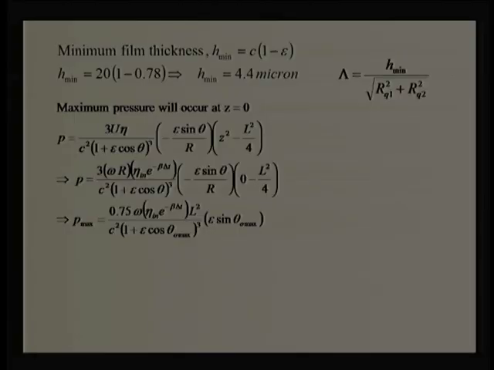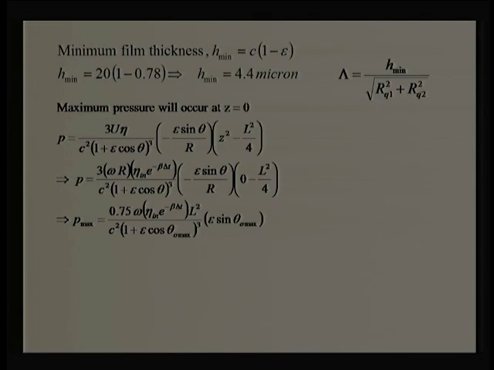So, this is the film thickness. And next comes the maximum pressure. To find out the maximum pressure, this is a short bearing approximation. We know maximum pressure will occur when Z is equal to 0. That is the condition which we have used to derive this relation. Then at the mid plane dP by dZ will be equal to 0.